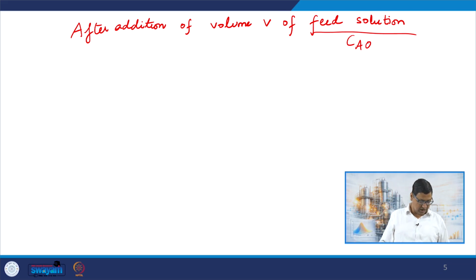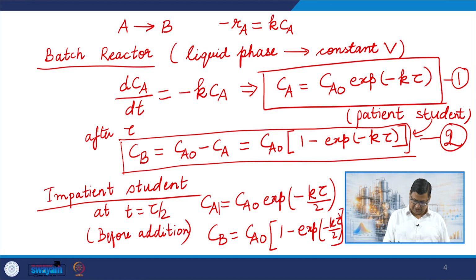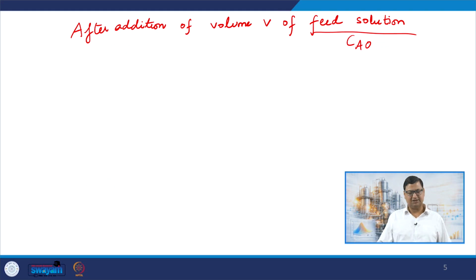So, let me now call these concentrations Ca1 and Cb1, just to ensure that this is the concentration before the addition of the feed solution. And after addition, we will have another concentration, and we can find it by the mole balance.